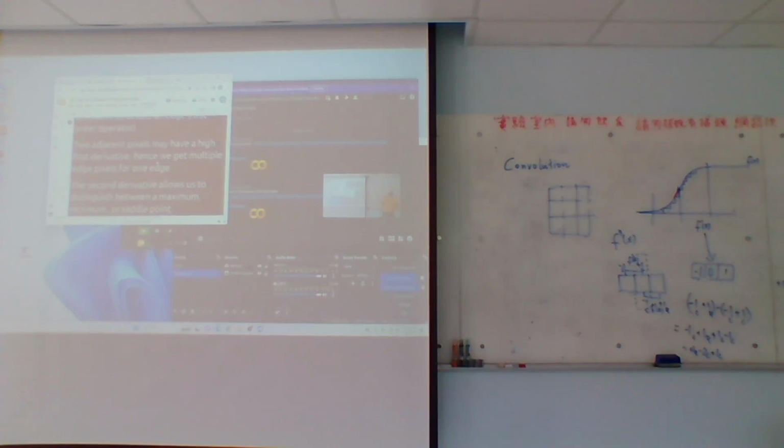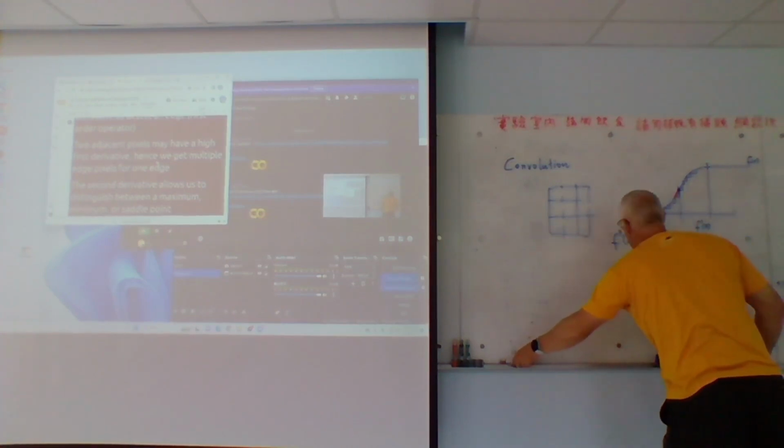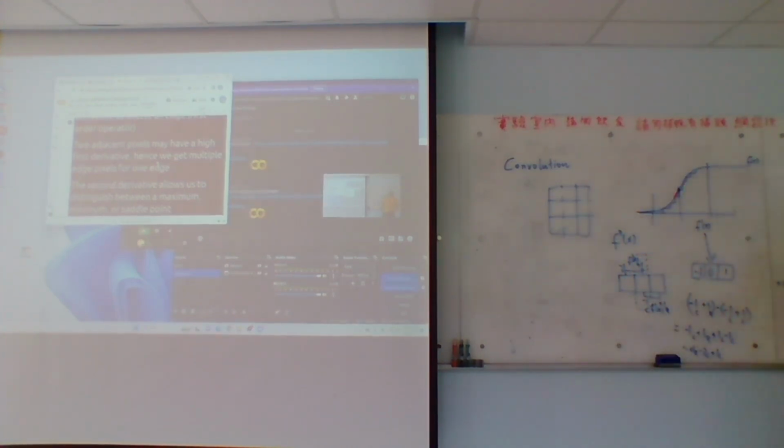If your second derivative is positive, it's a minimum. If your second derivative is negative, it's a maximum. If your second derivative is 0, then it's not actually a minimum or a maximum, but it will be a saddle point like this.